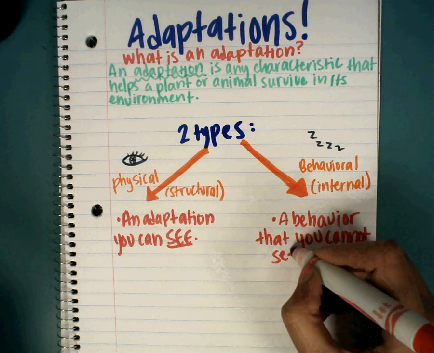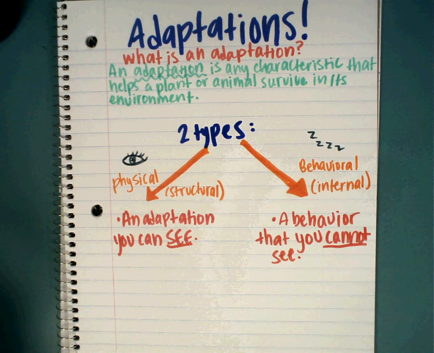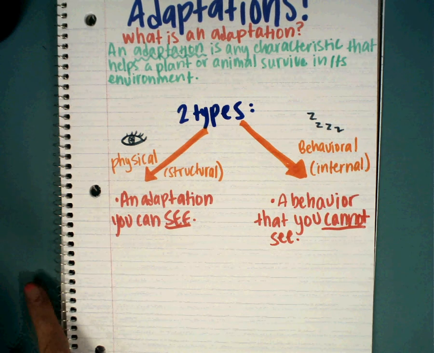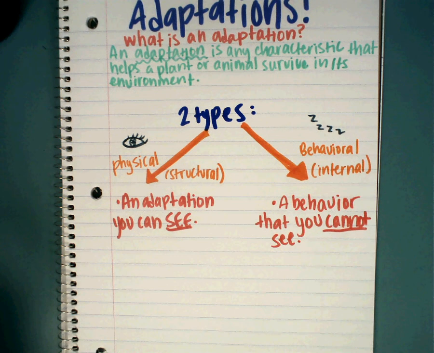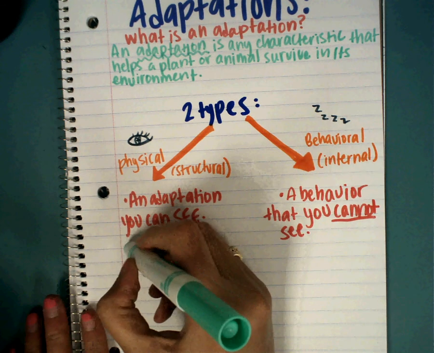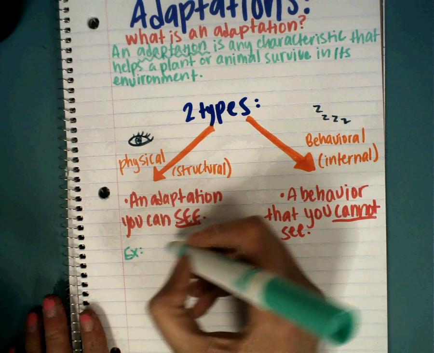So let's give some examples of some physical adaptations first. Some structural, external, all those words, remember? So one of those physical structural adaptations would be like bird beaks. Bird beaks are different. Here, we'll do examples. Bird beaks.